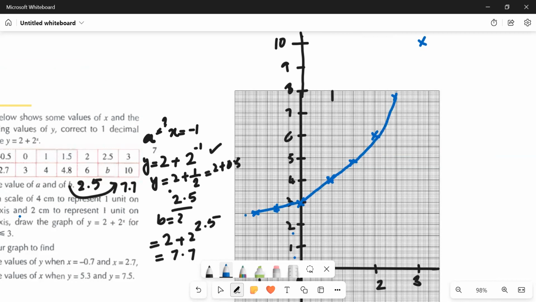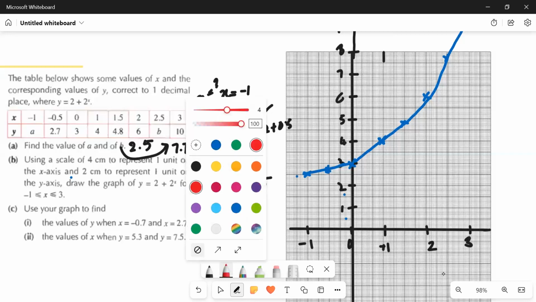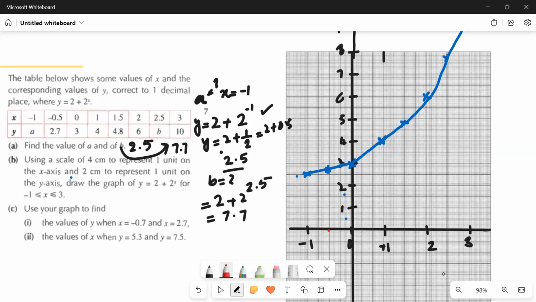So if we join these points, this is the graph, okay? Now this is the second part. Use your graph to find x is 0.7. So where is x 0.7? 0.5 is here, and 0.7 is a little before this point 2.5, so it will be like here.